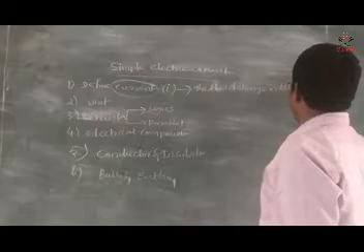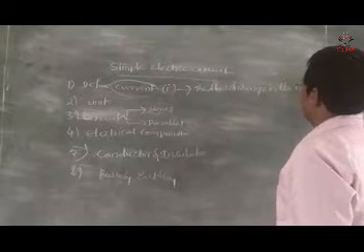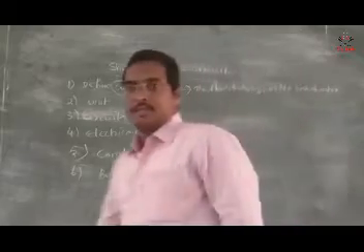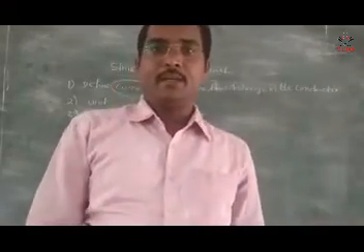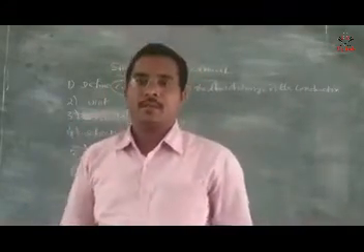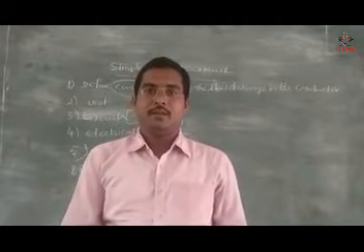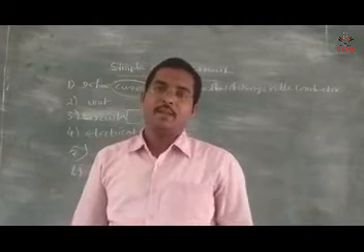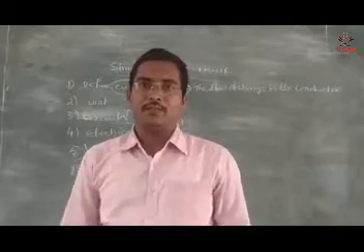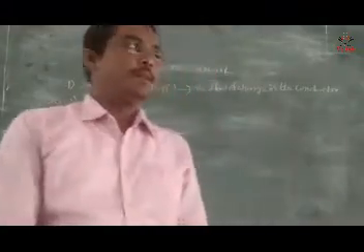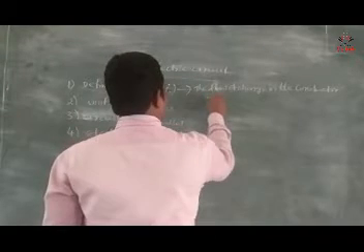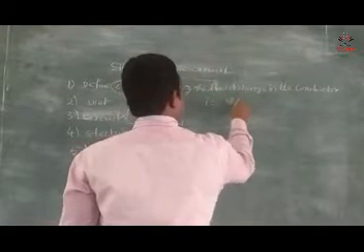So in the conductor, the flow of charge is called current. Charge can be positive as well as negative. Coming to the current formula, I is equal to Q by T.